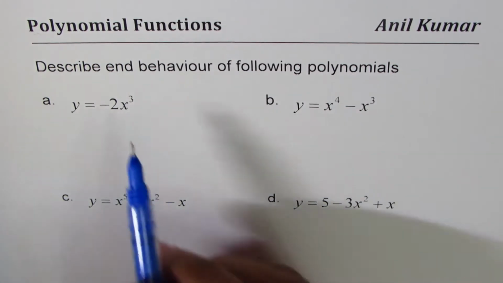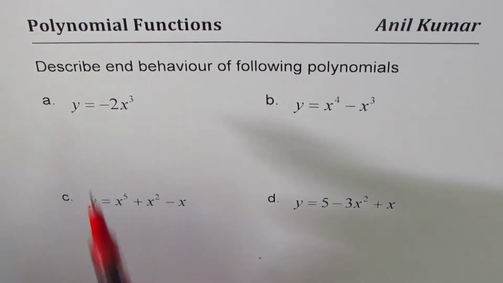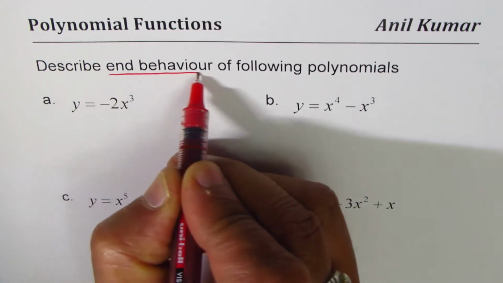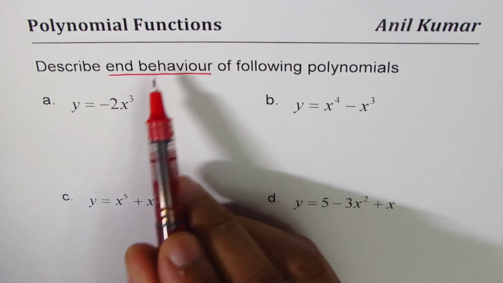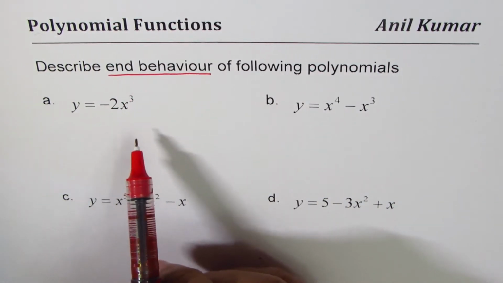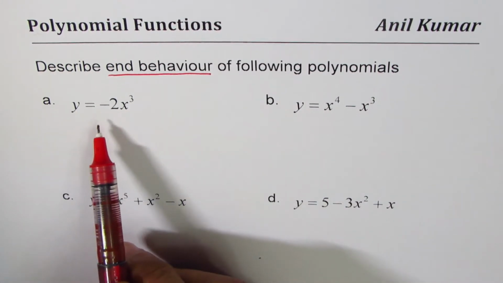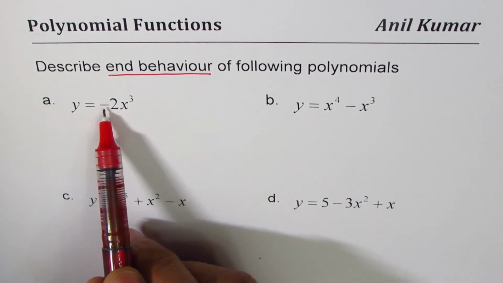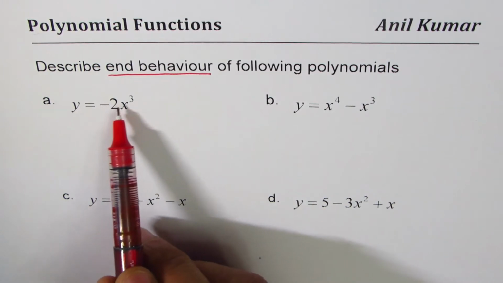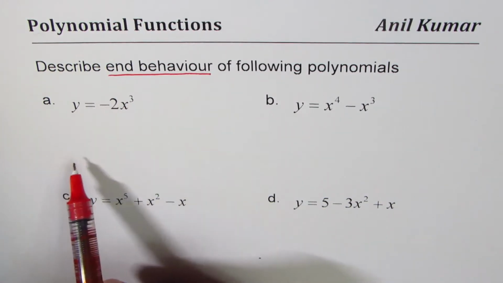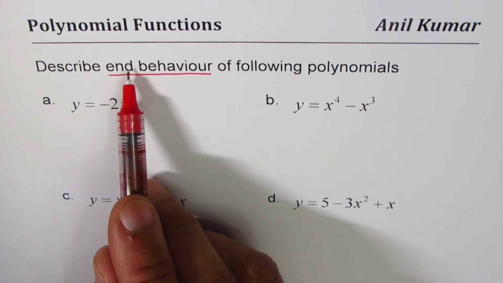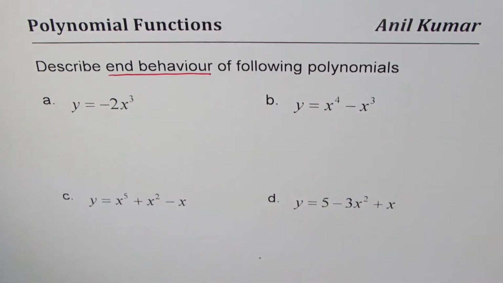So let's try to understand what is end behavior first. If you want to write end behavior of a function, especially if it is a polynomial function, we could analyze two things. One is the leading coefficient, the other one is the degree. Leading coefficient and degree help us to find end behavior.